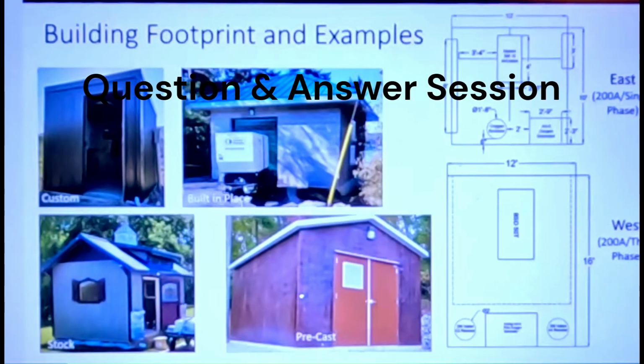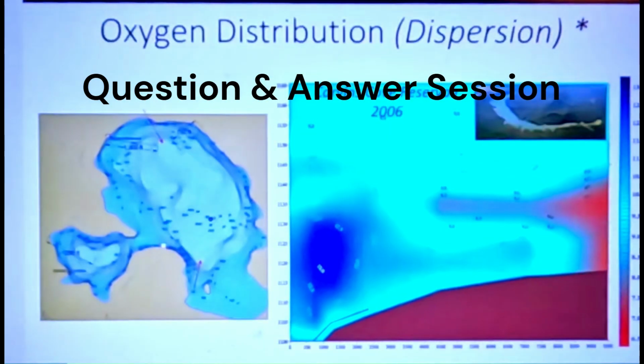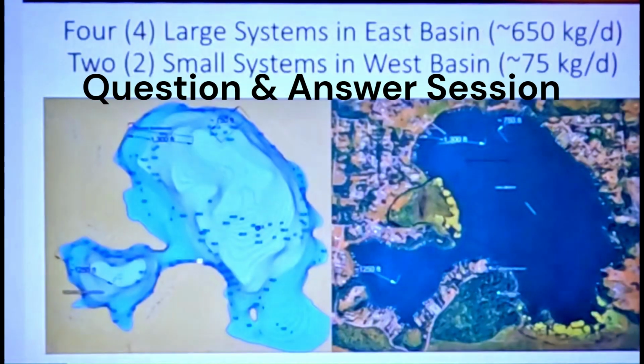Ask your question again. Okay, so on slide 26, you show 4 large systems in East Basin, 650 kilograms, and 2 small systems in West Basin. Yep. So are those the 12-foot by 8-foot and 4-foot by 8-foot?